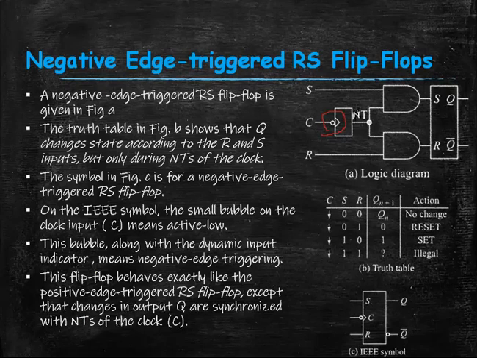So the flip-flop behaves exactly like the positive edge trigger RS flip-flop, except that the changes in the output are synchronized with the negative edges of the clock, NT of the clock.